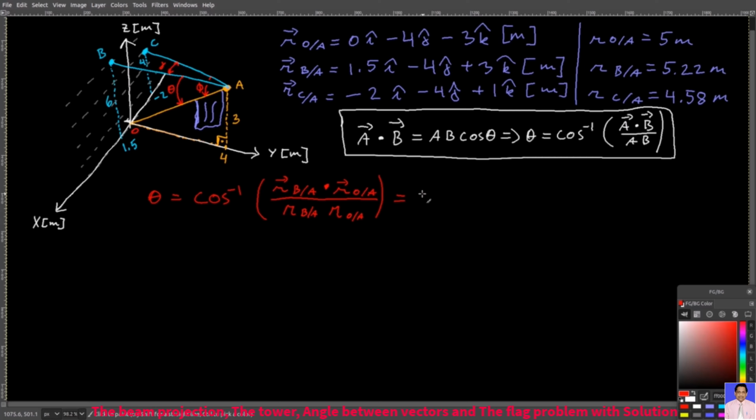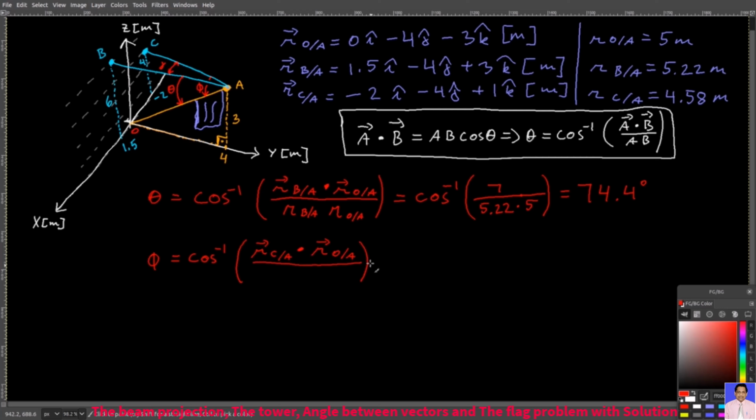And if I make the calculations, then I will have cosine inverse, and then here I will have 7, here I will have 5.22 times 5, and I will get 74.4 degrees.